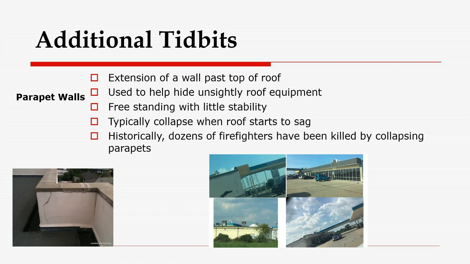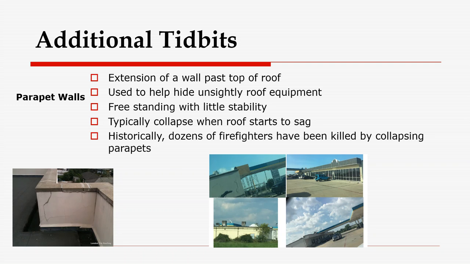Rather than their building looking flat from the front, they now add these parapet walls where they can hang signs and put the name of their building, and it makes it look more modern and more appealing. These are typically freestanding with very little stability, which means they are easy to topple over when forces are acting upon them or during fire. These are easy to collapse and have been known to collapse on firefighters.